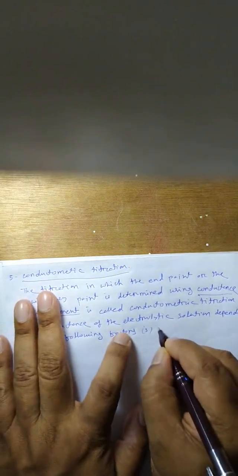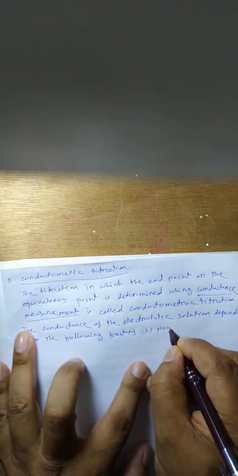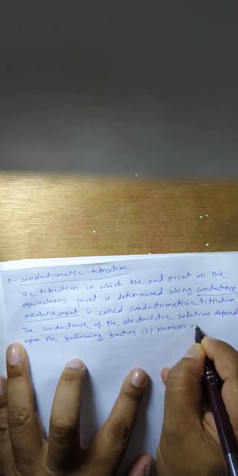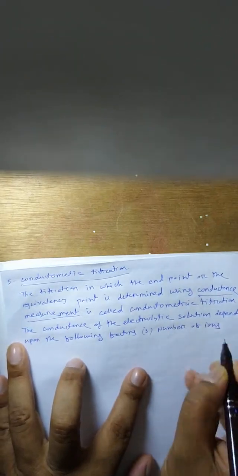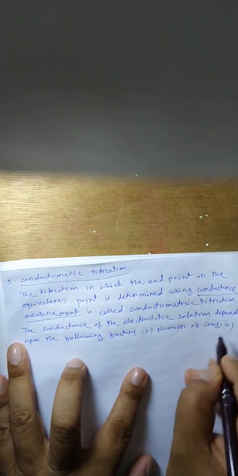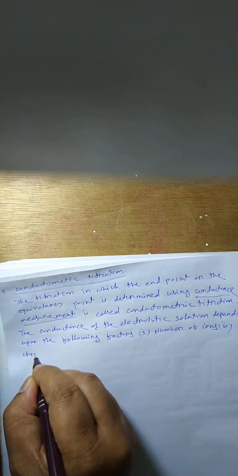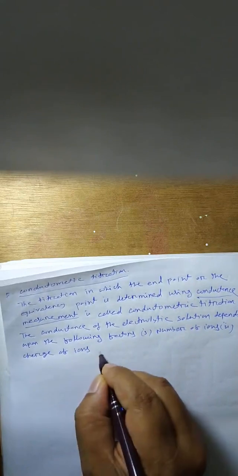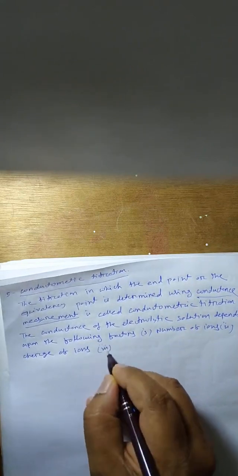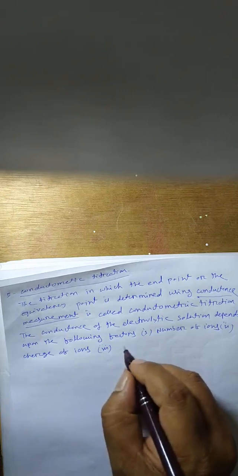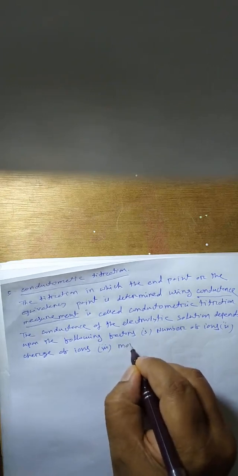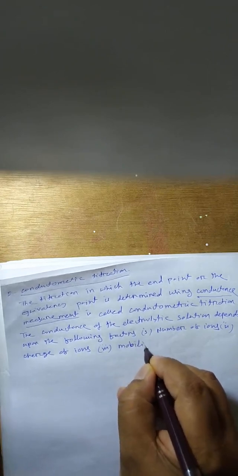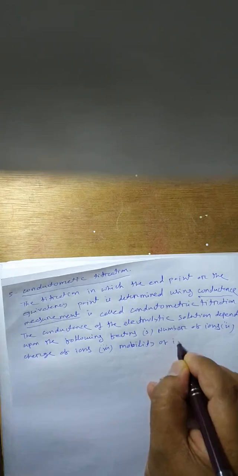One, number of ions. Second, charge of ions. And third is mobility of ions, that means velocity.